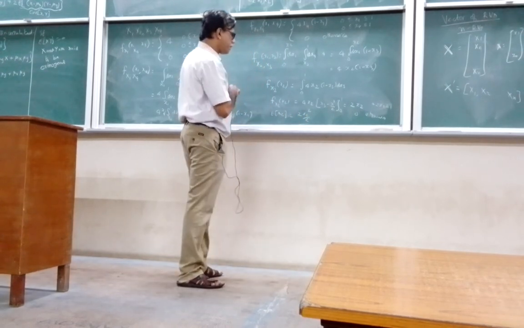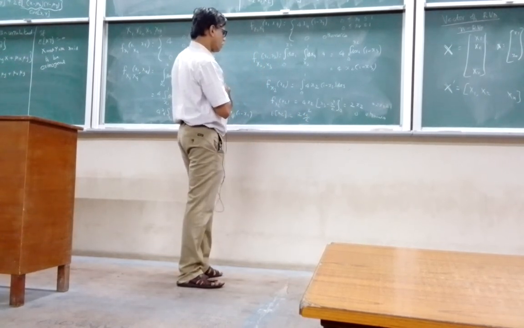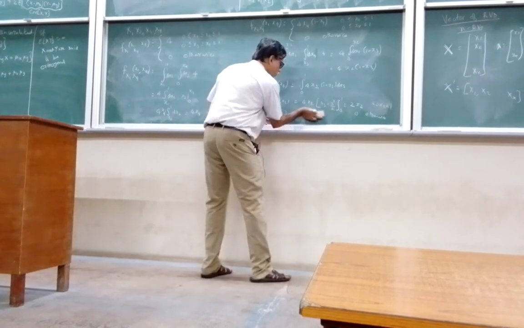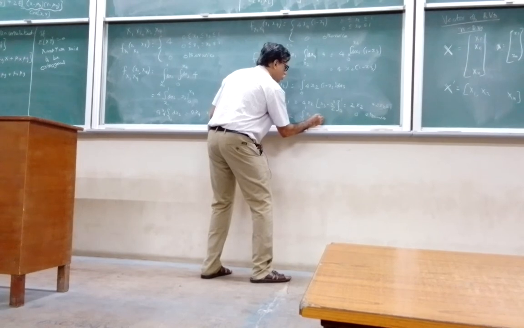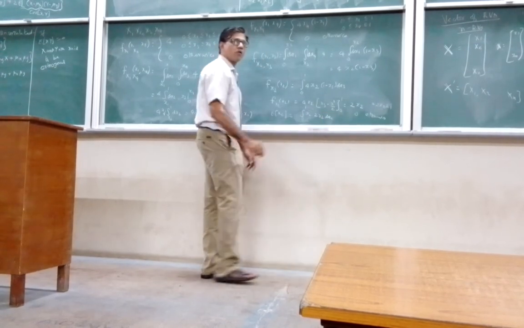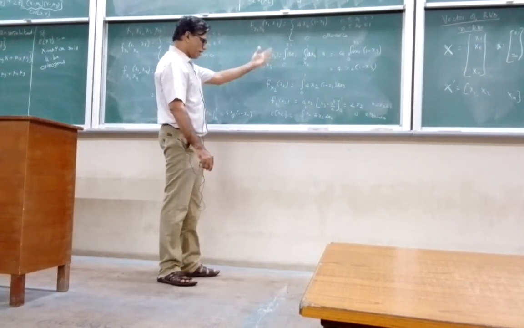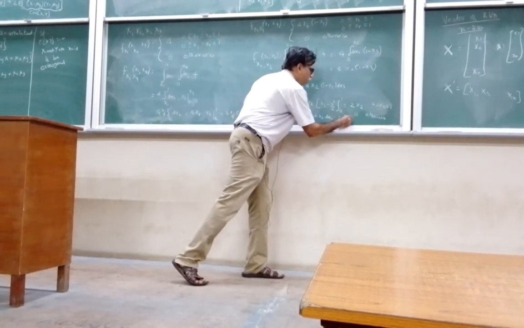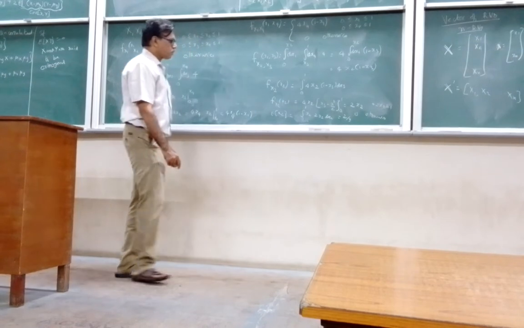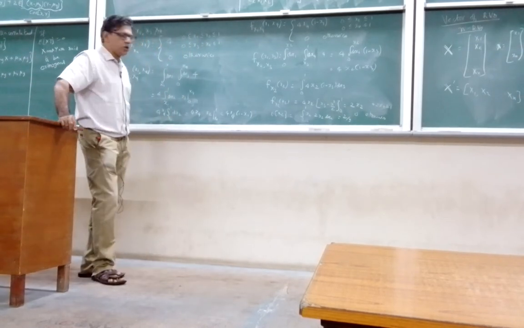Okay. So what we have to do is integrate 0 to 1, x2 into 2x2 into dx2. This is what we have to do. So 2 into x cube by 3, with 1, you will get 2 by 3 or something. Right? So you can find out individual expectations.